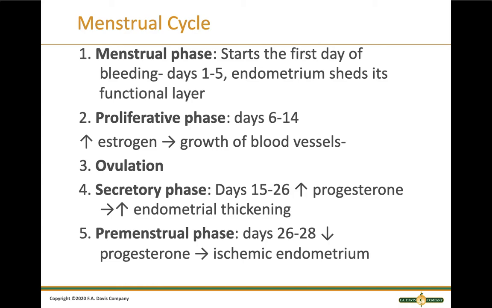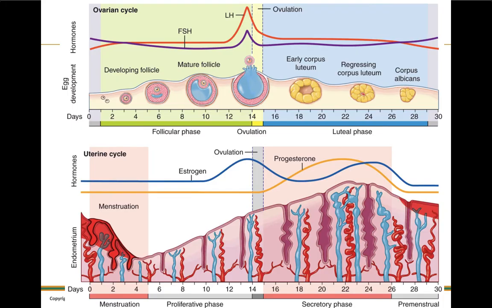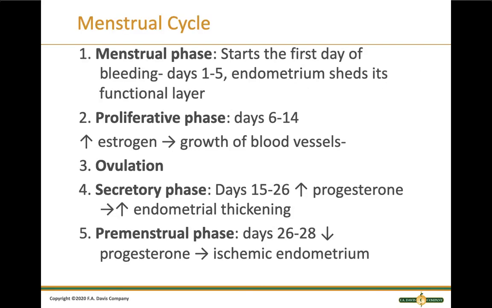The secretory phase is days 15 to 26, when the progesterone levels are high, and we can see the endometrium thickening in the secretory phase. And then the last phase is the premenstrual phase, days 26 to 28, when progesterone levels drop and the endometrium basically dies, and then it starts all over again.